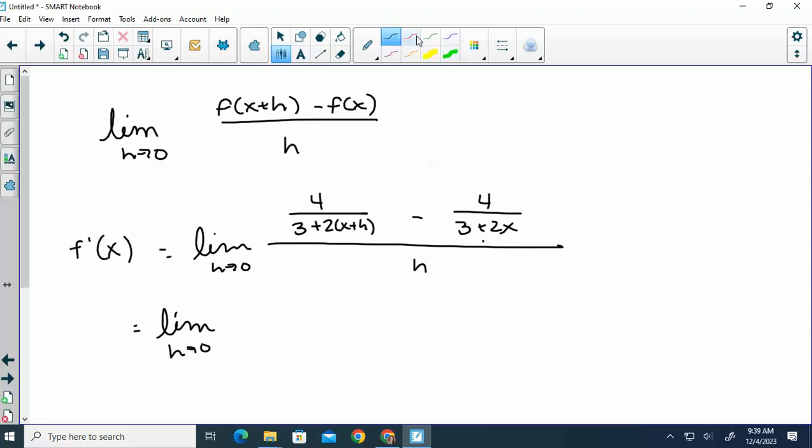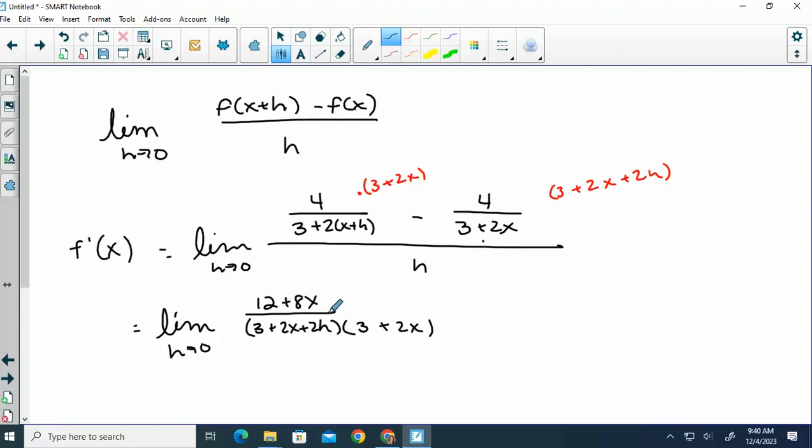What we did usually here was get a common denominator. We took this one times 3 plus 2x on top and bottom. This one by 3 plus 2x plus 2h on top and bottom. Can I go ahead and write these as one big fraction, since we're getting the common denominator?